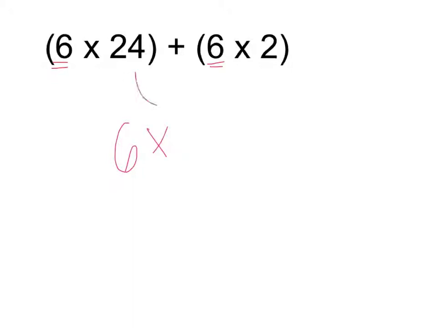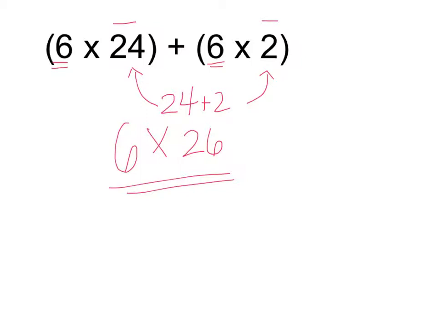And all we have to do is find the sum of the two numbers that 6 is multiplied by. So we have 6 multiplied by 24 here, and 6 multiplied by 2 here. So we're going to add them. 24 plus 2 equals 26. So the reverse of the distributive property says that 6 times 24 plus 6 times 2 is 6 times 26.